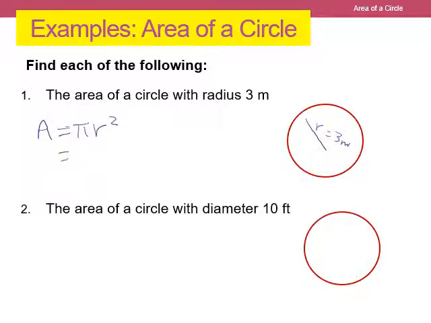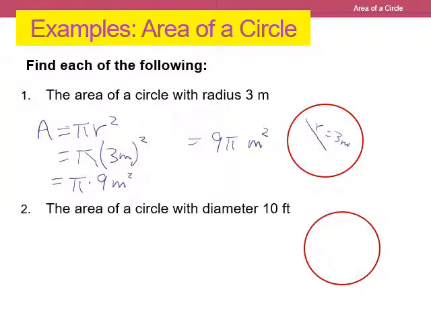So it is pi times 3 meters squared, which will be pi times 9 square meters, which is 9 pi square meters.